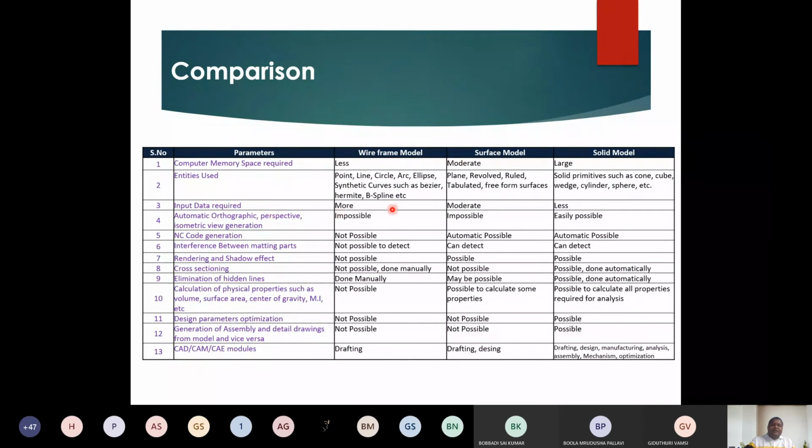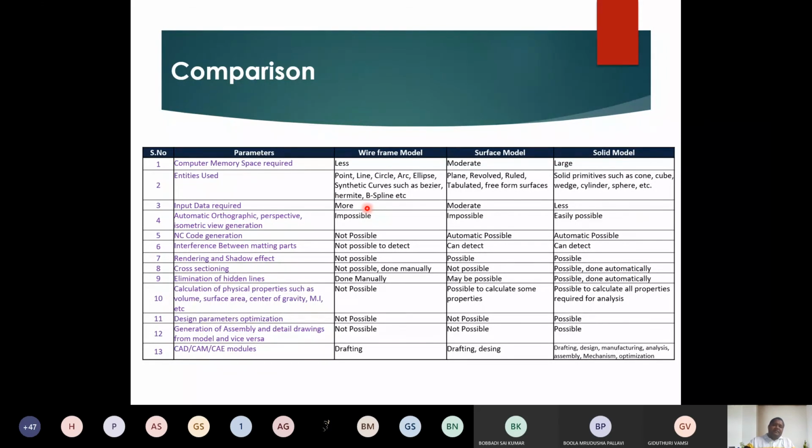And input data required is more. In the first one, we were talking about the memory space of a particular file, whereas the third one is input data. Input data means from the user side, I'm actually giving the input, right? Whoever is trying to create a model object. So input data is more here. Why? Because you have to provide each and every coordinate for the lines.